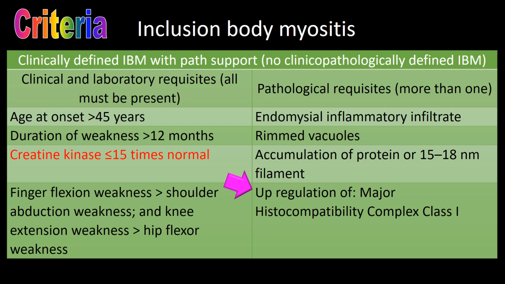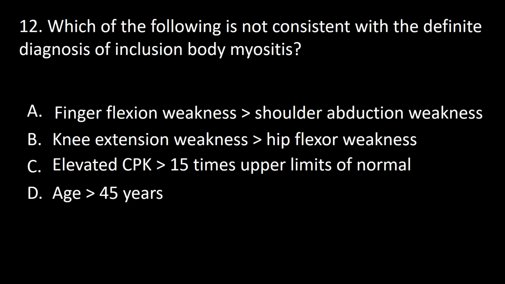This is a protein present on the cell surface that helps the cells recognize T cells. So the answer to this question is C.